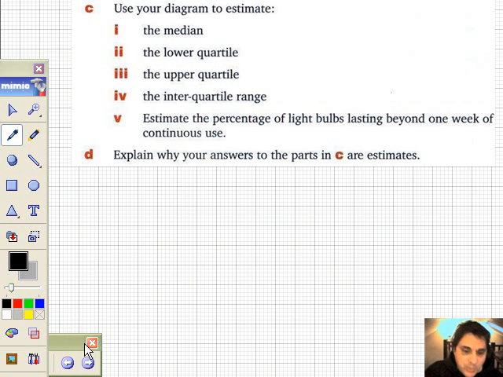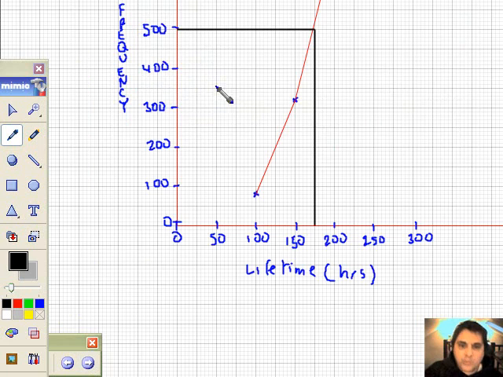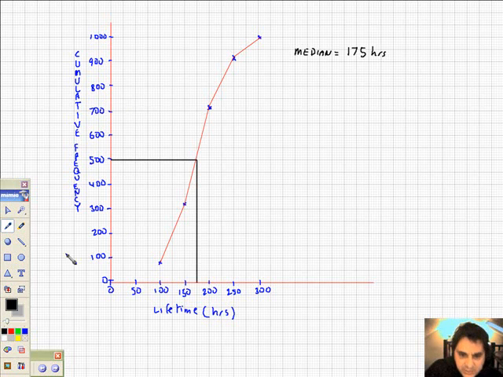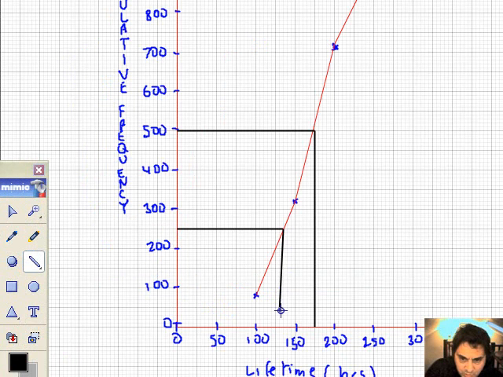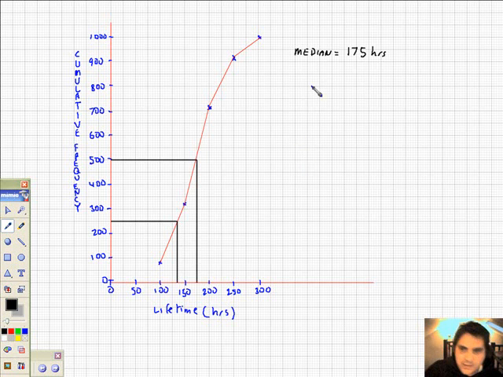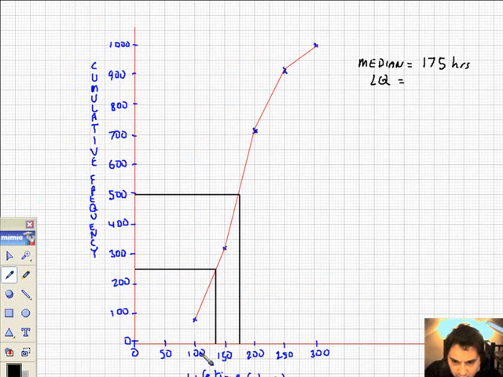Right, lower quartile, upper quartile. Lower quartile, well, a quarter of 1,000 is 250. So let's just read that off. The lower quartile is right here where I'm pointing now. Let's call it LQ just to speed things up. Lower quartile, we've got 125, 130, also about 135.